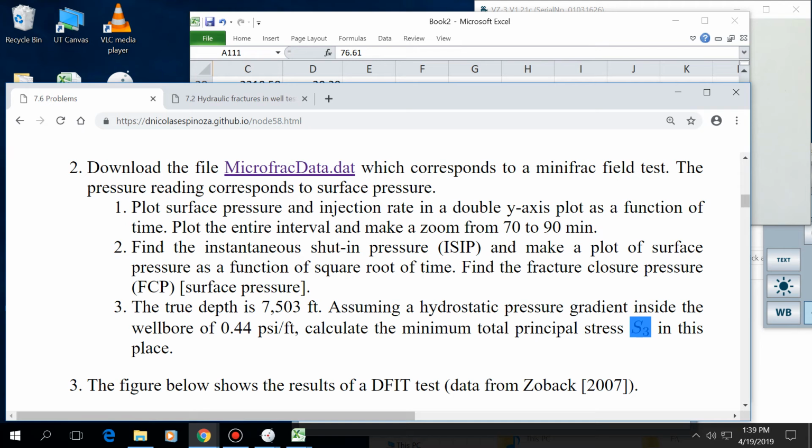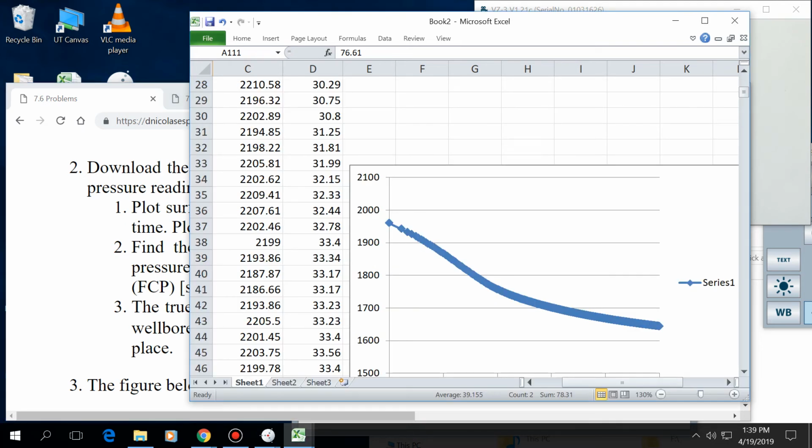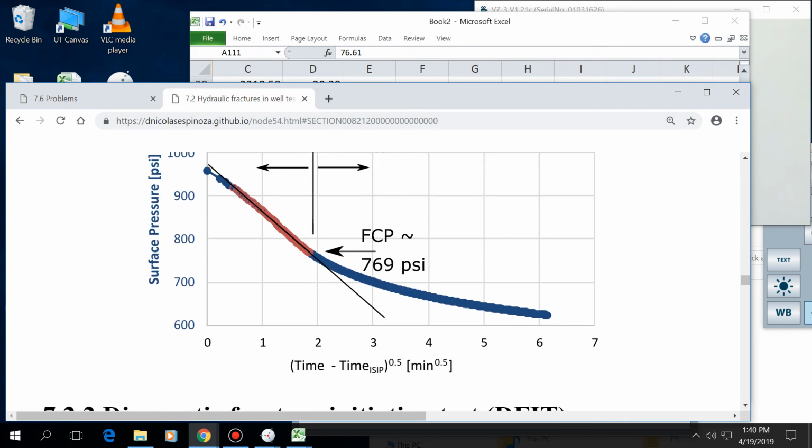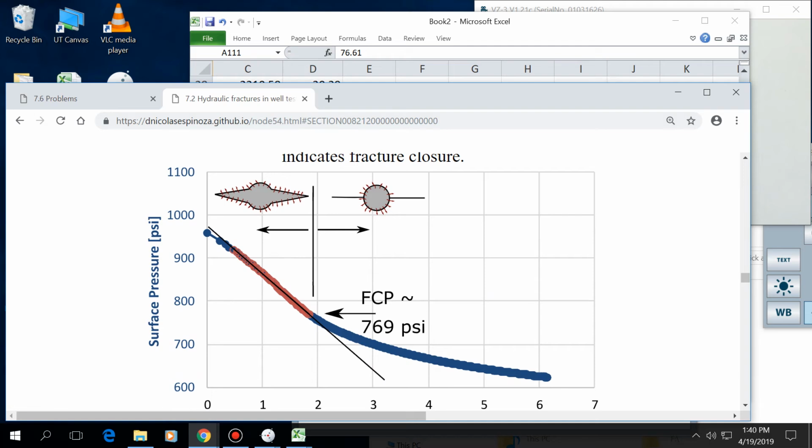Yes? So, you said that the fracture closure happened at the inflection point when the slope changed sign, or when the slope was almost non-linear? Let's look at that here. It's going to be a plot very similar to this one. Okay, so when it stops being linear. Yes.